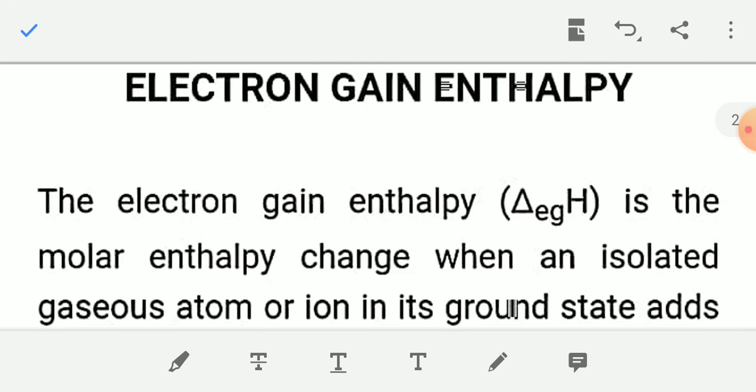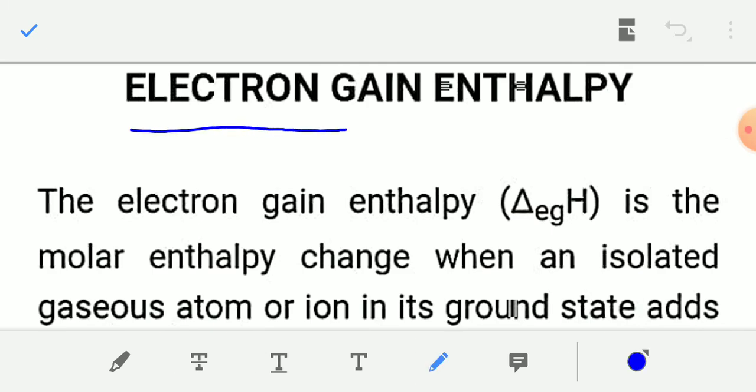Next periodic property is electron gain enthalpy, also called electron affinity.